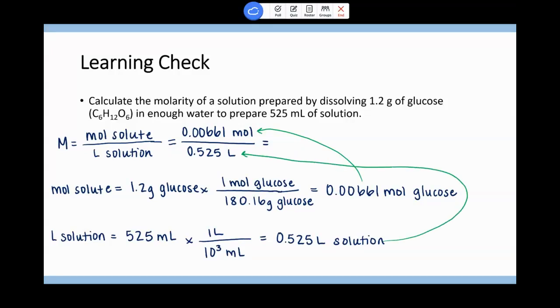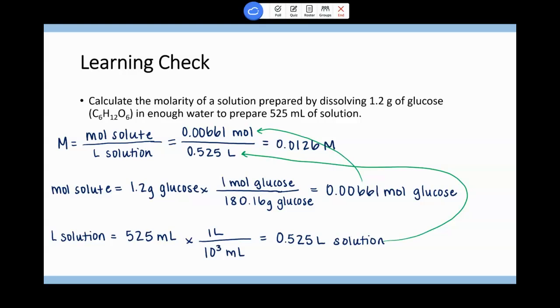Just adding these arrows to show where we got those values. And then we simplify this, and we get a molarity of 0.0126 capital M.